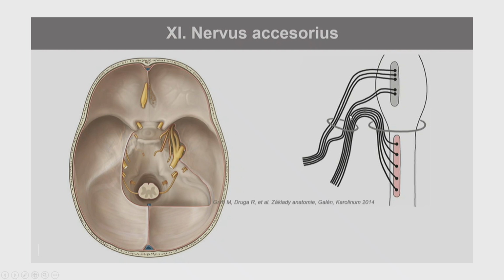It's joining together, and they make the accessory nerve, which is coming out of the skull through, what is this foramen?